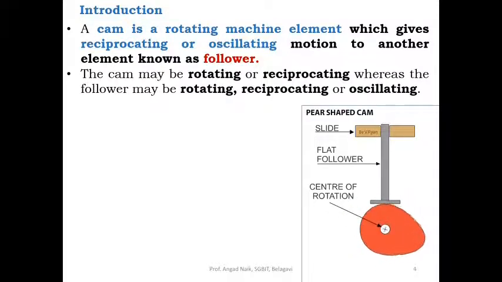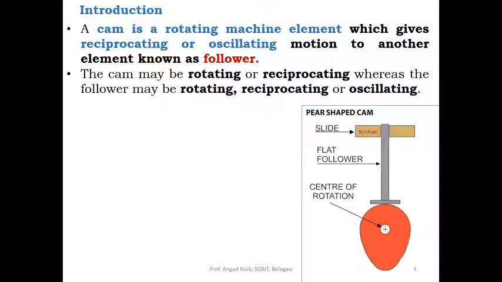So cam is a rotating machine element which is giving reciprocating or oscillating motion to another element. That another element is follower. Now in this particular animation you can see the reciprocating motion.